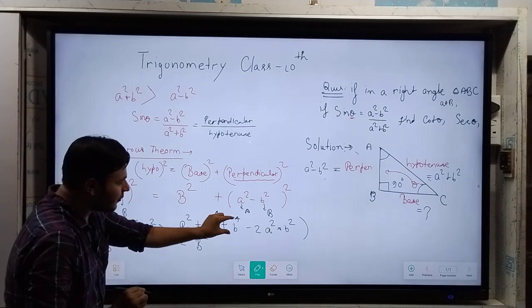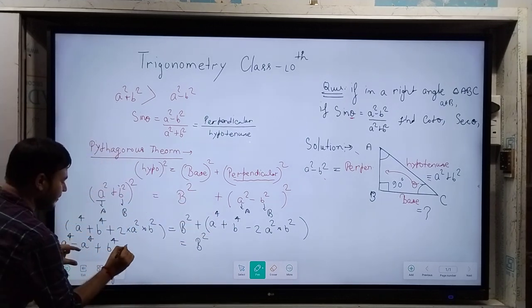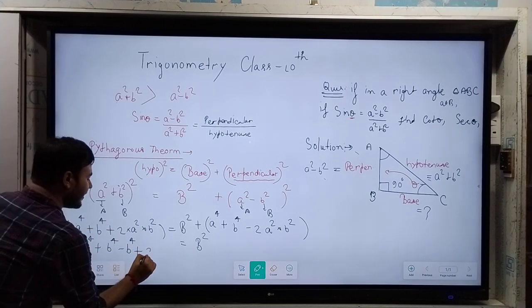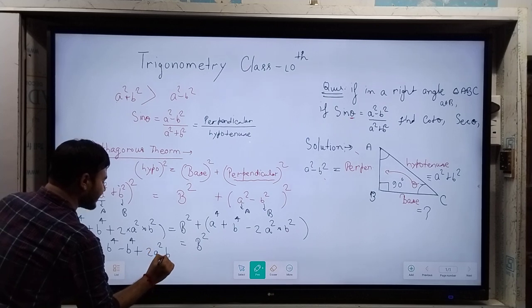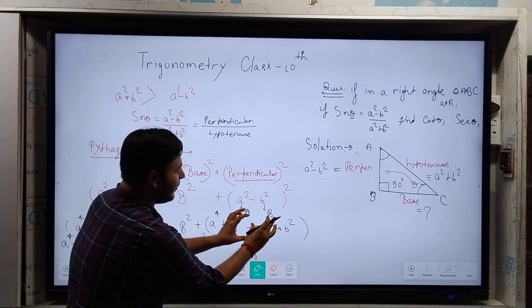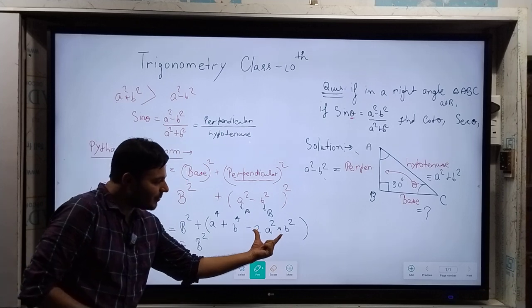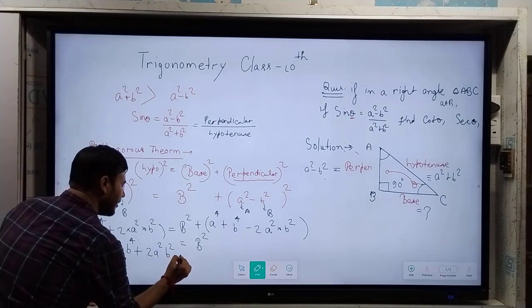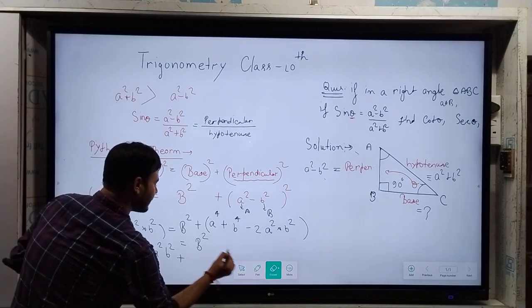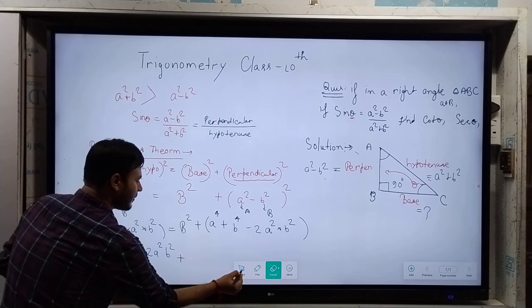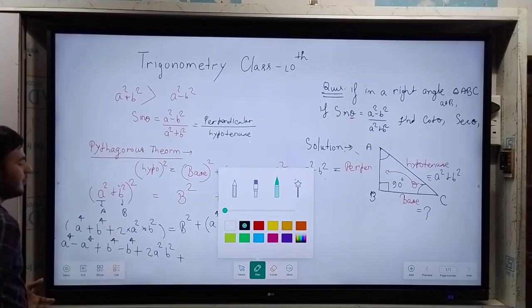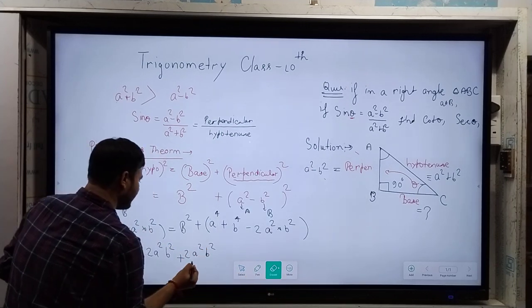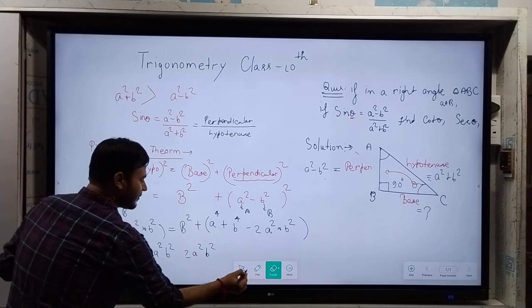Now again b to the power 4 is transposed to the left side, and minus 2a square b square is transposed, so the minus sign is converted into positive sign, plus 2a square b square.